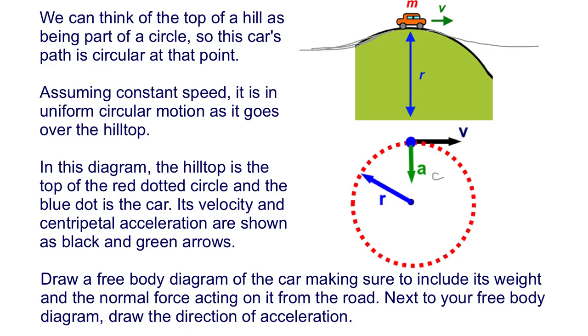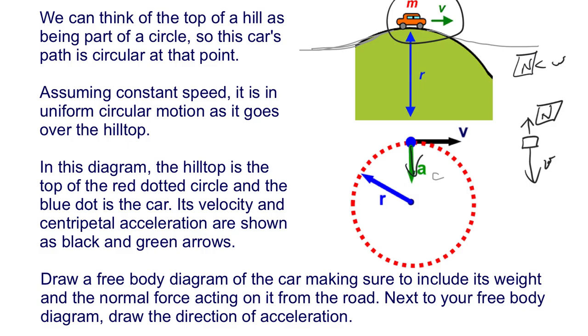So if we were to draw the free body diagram of a car going over the top of a hill, it would look like this, like we did before. There's the car. The normal force would be less than the force of weight, because the centrifugal acceleration would be downward.